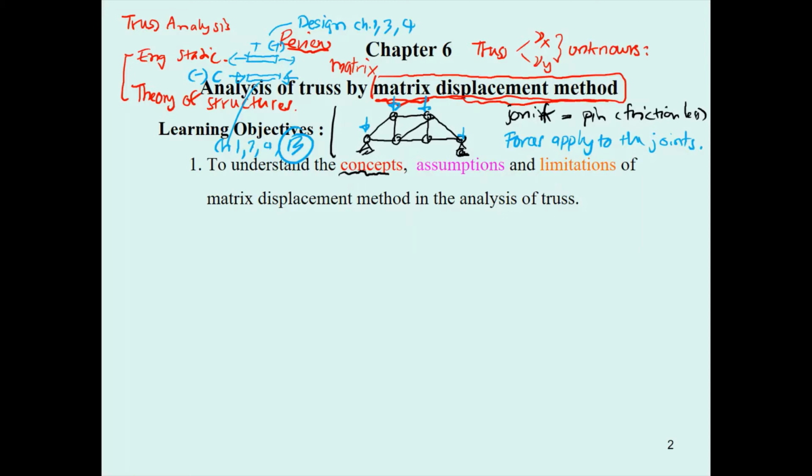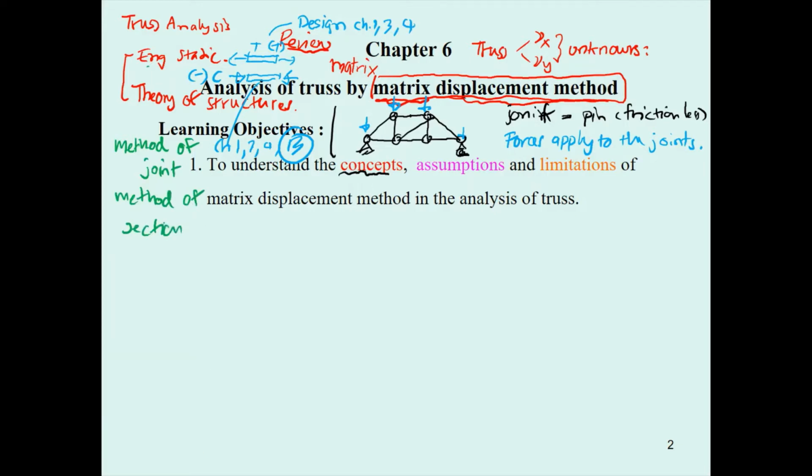So when you analyze this, you have to tell the engineer whether the force is in tension or in compression. During the study of engineering statics or theory of structure, you use the so-called method of joints and also the method of sections to analyze the truss. These two methods are different.